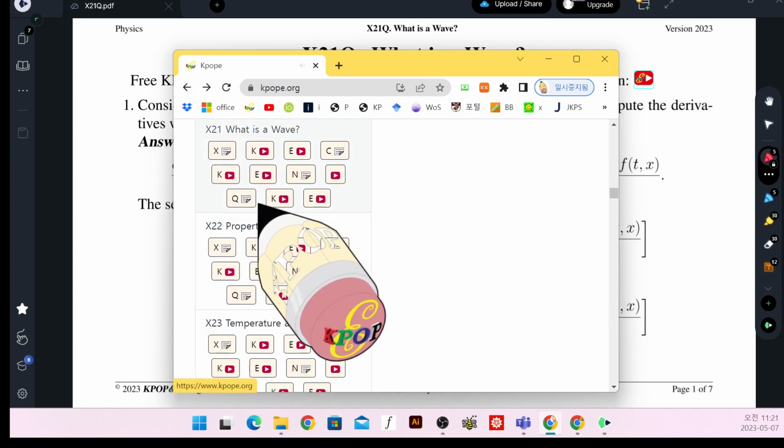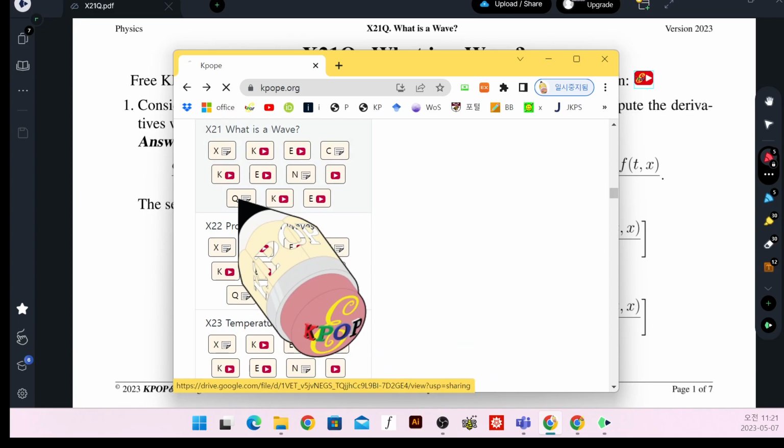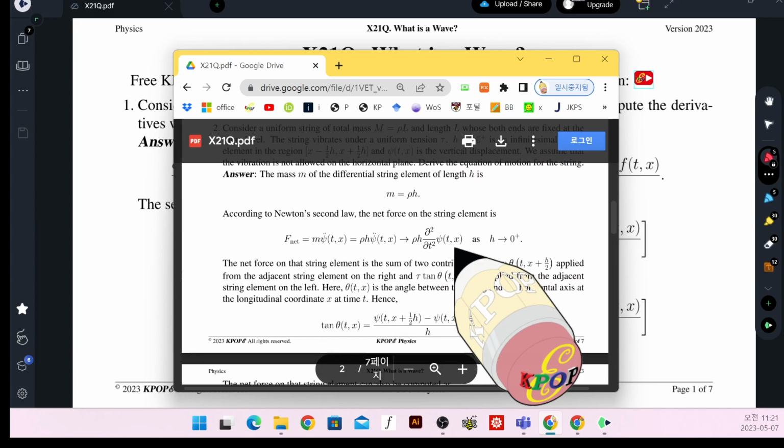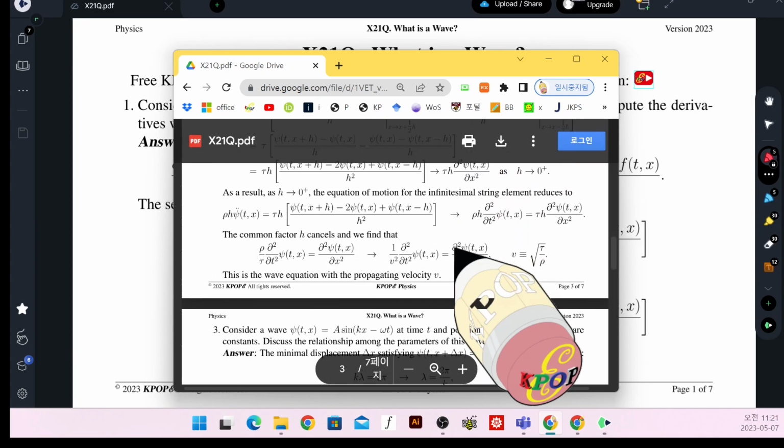And then we are now working on a few more questions that represent the derivation in detail.